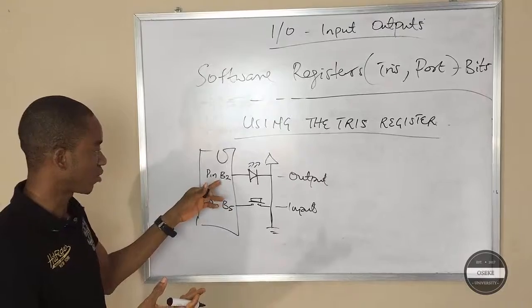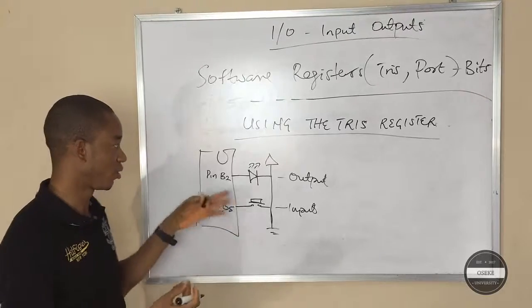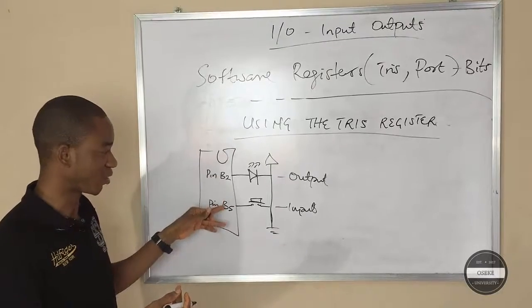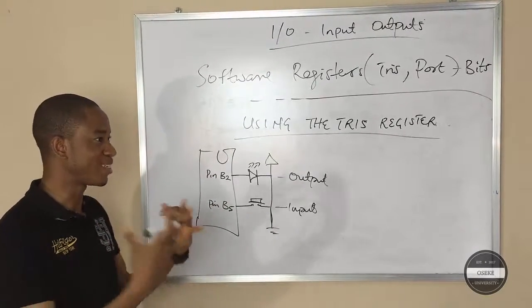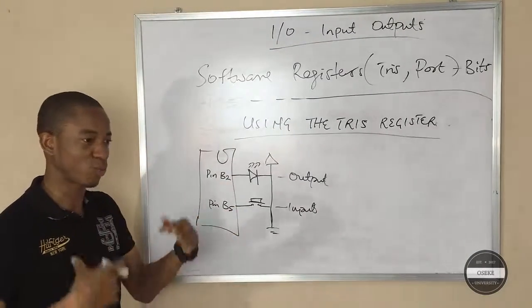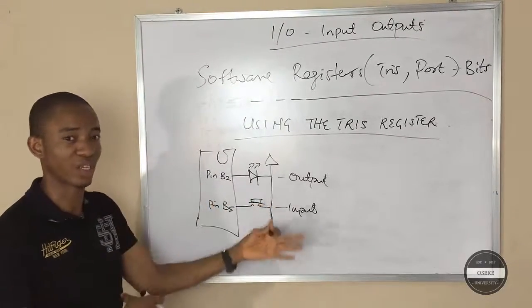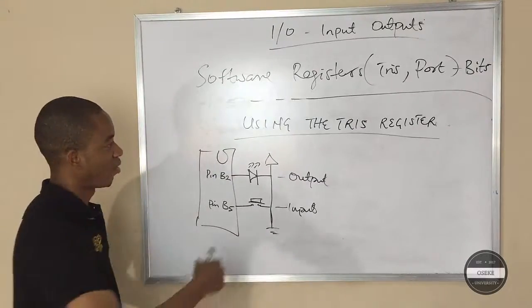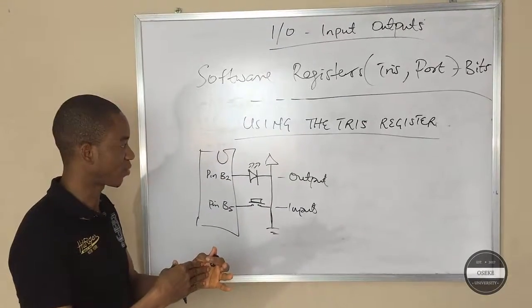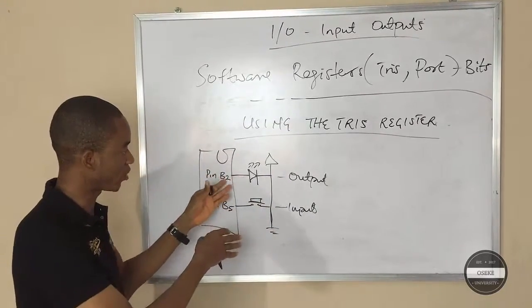Since we have B2 and B5 here, we're talking about port B. This is pin 2 of port B, and this is pin 5 of port B. To configure the port B pins, we have to use trace B. If you're configuring port A, you use trace A. If you're configuring port C, you use trace C. So what do we write to the trace B register to configure these pins as output and input?